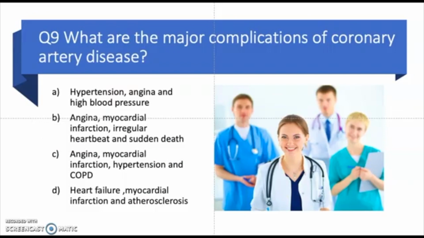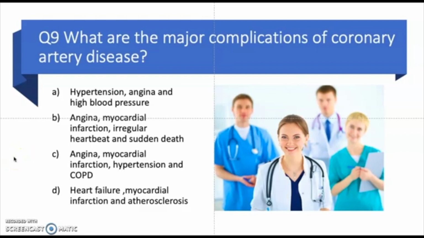Question number 9. What are the major complications of coronary artery disease? Take a moment and think about these answers, guys. They're hard, yes, but they're not that difficult either.